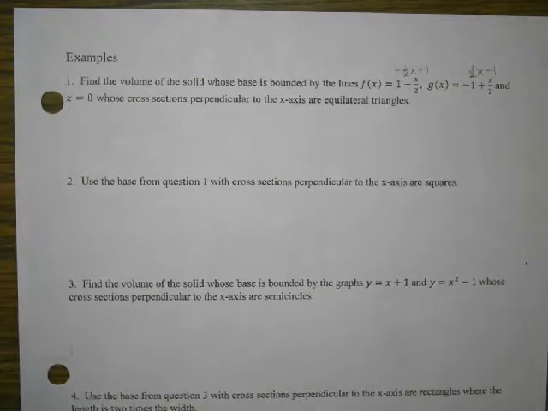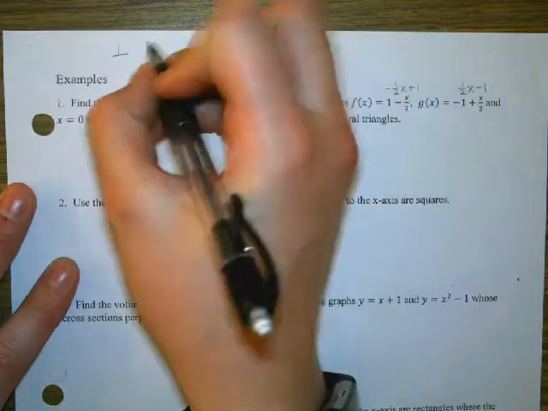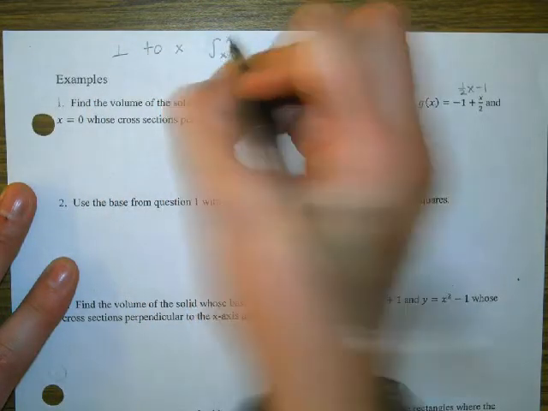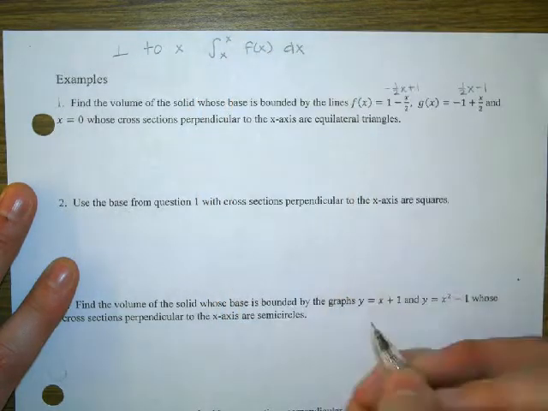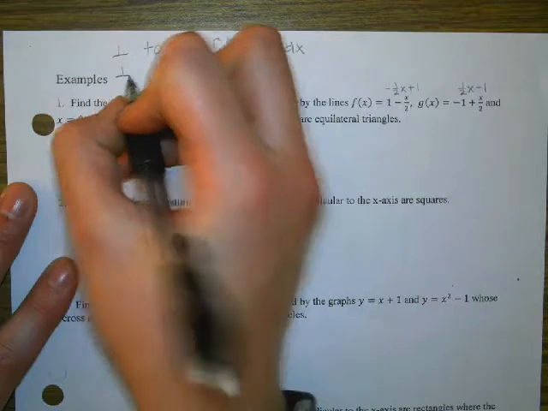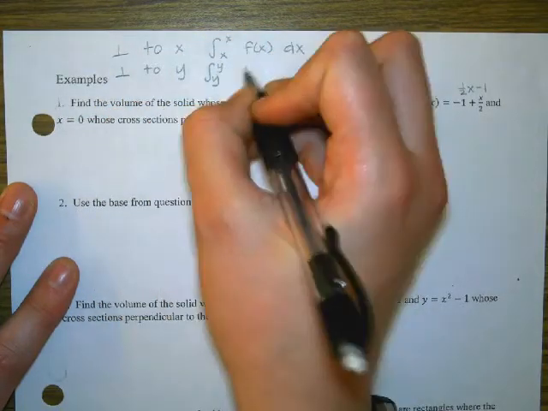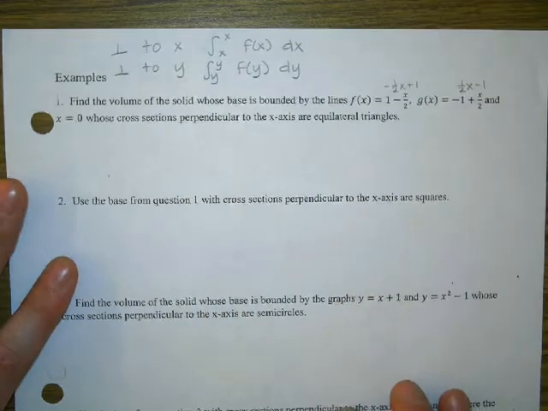So here's what we want to remember when we do these types of problems. Perpendicular to the x-axis means that when you're doing the integration, you're doing everything in terms of x. Perpendicular to the y-axis means that your integration is everything in terms of y. That's going to be important to remember.